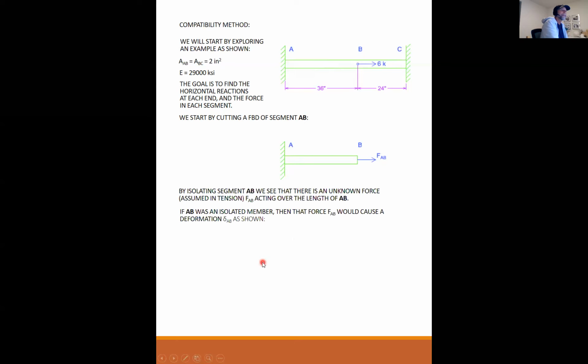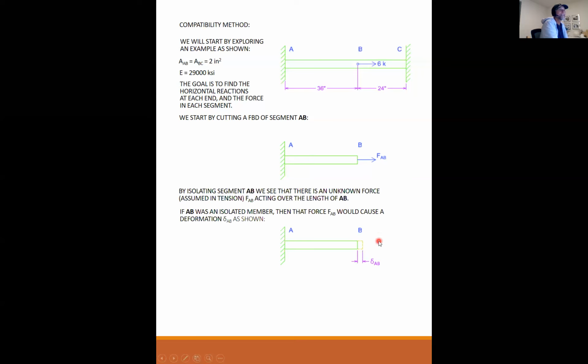I see that when I'm isolating, there's an unknown force assumed in tension, FAB, acting over the entire length of A to B. If AB were an isolated member, then that force FAB would cause a deformation, delta AB, as shown. So if this were the whole problem, then this force would cause this deflection.